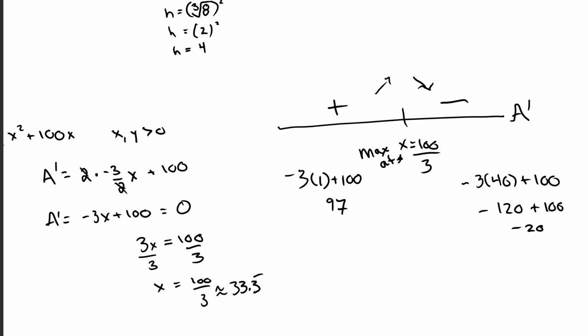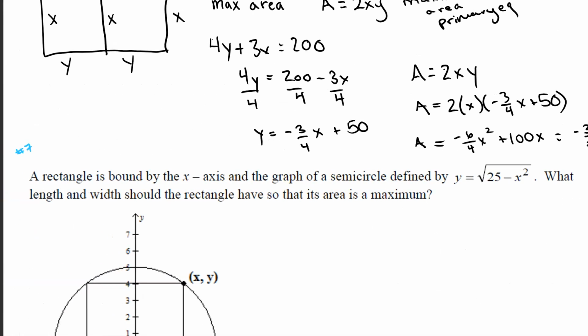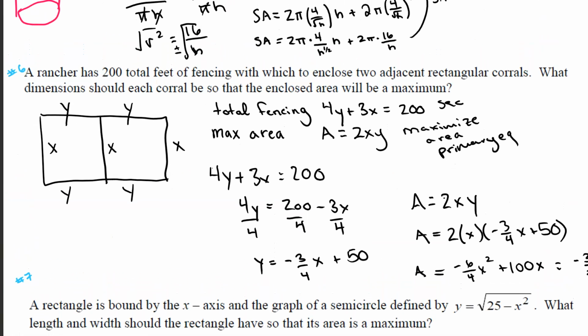All right. So we've got x equals 100 over 3. Let's go back over to our original part here. So our max x is 100 divided by 3 feet. And now let's find y. So we've got 4y plus 3 times x, 100 divided by 3, equals 200.